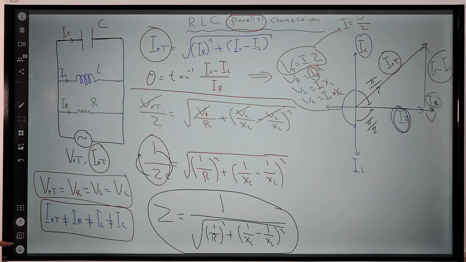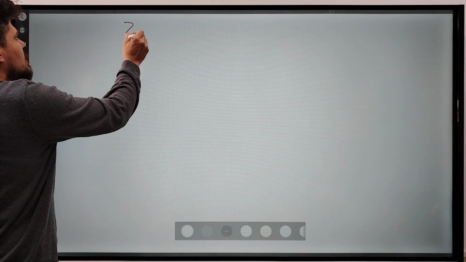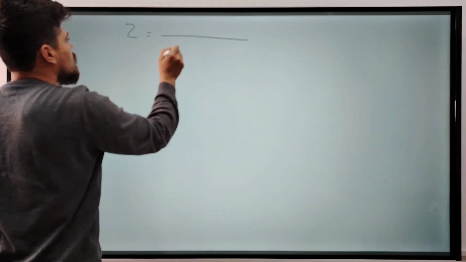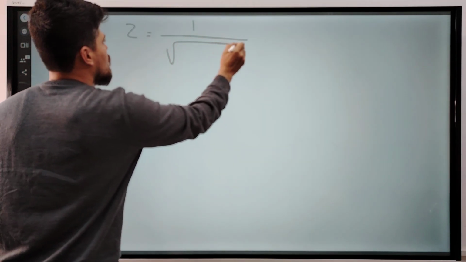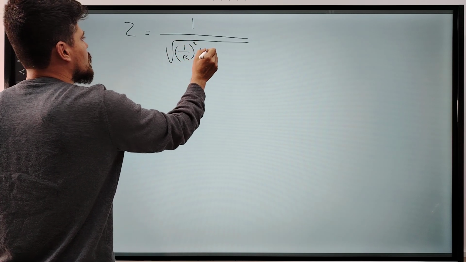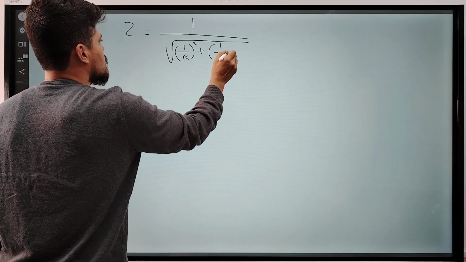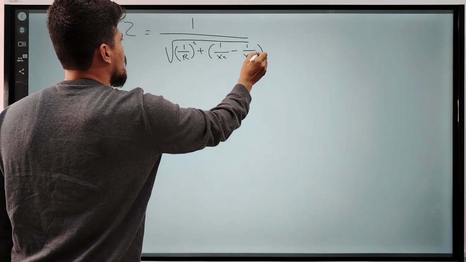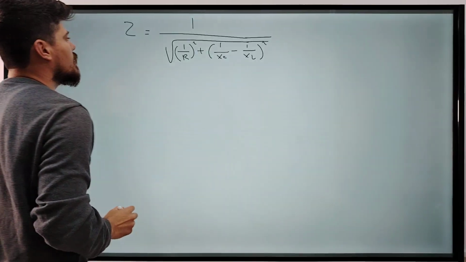Okay, so according to this equation, Z is equal to what? 1 over the radical of 1 over R squared plus 1 over XC minus 1 over XL, squared.